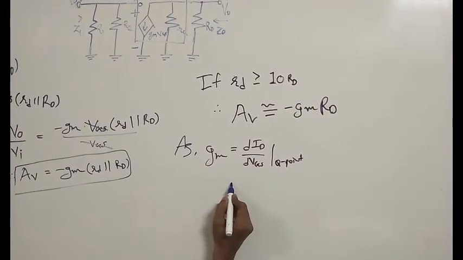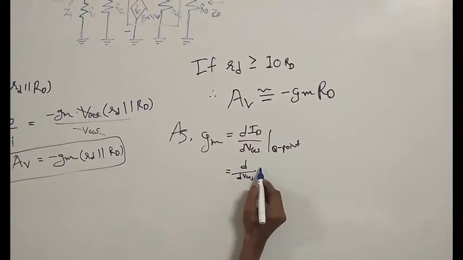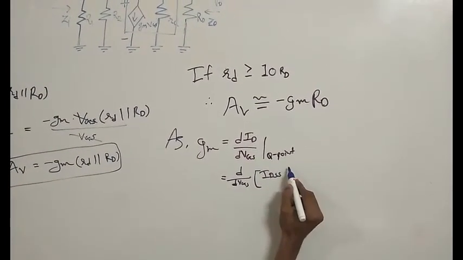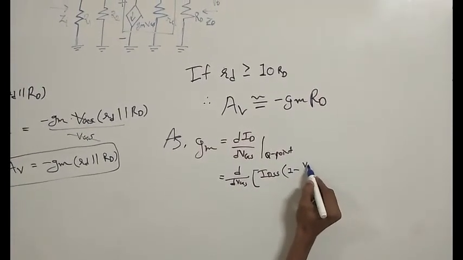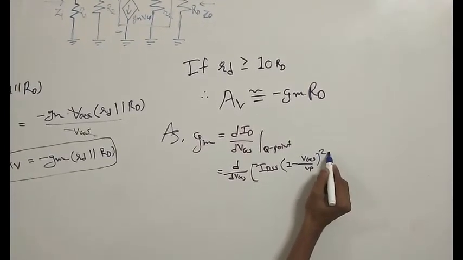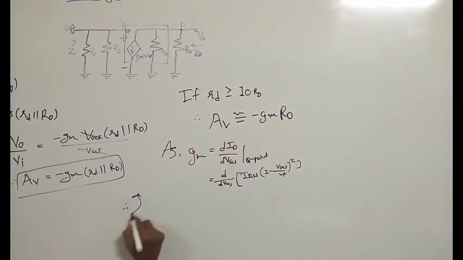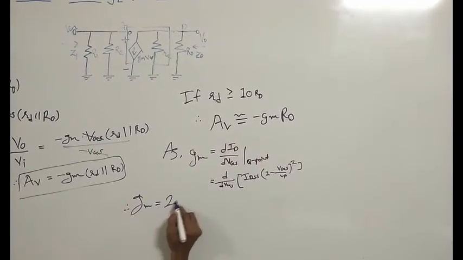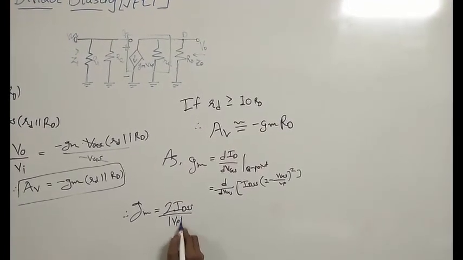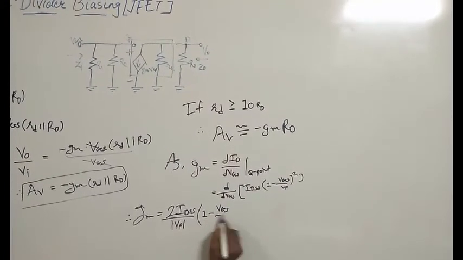We can write that Gm is equal to dID upon dVGS. ID's value is IDSS into 1 minus VGS upon VP, whole square. So, solving, we can get that Gm is equal to 2 IDSS upon mod of Vp, in the bracket 1 minus VGS upon Vp.